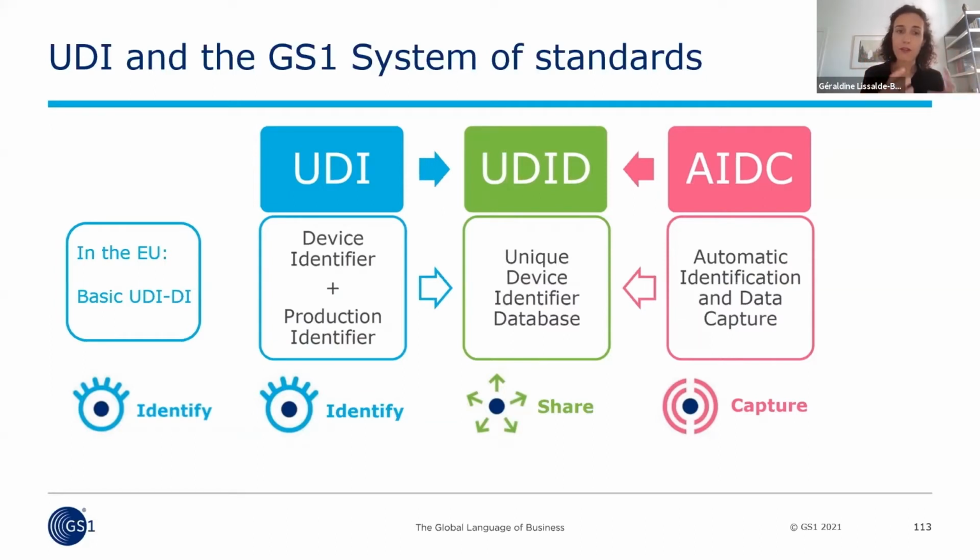So identify your product uniquely and globally across the world, capture that information in a machine readable format, and then also exchange that information, in that case, with the regulator, but also with your supply chain partners. So identify, capture, share is really exactly the same idea behind the GS1 system and the UDI system.